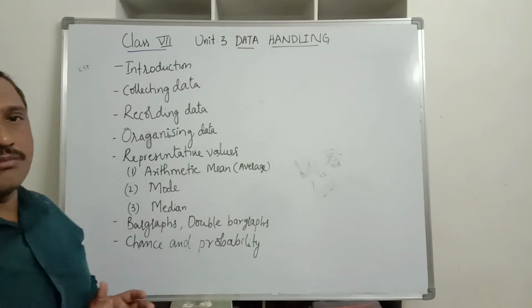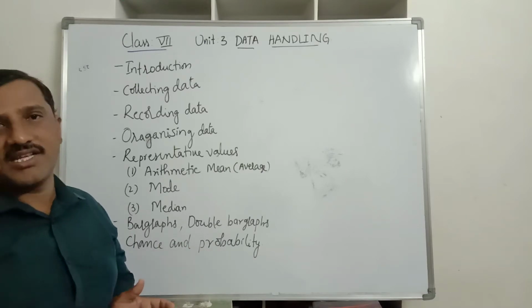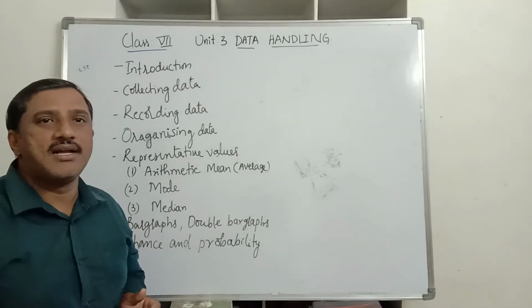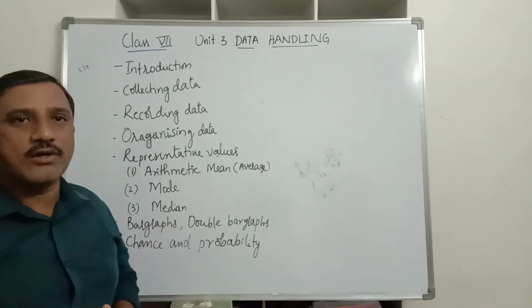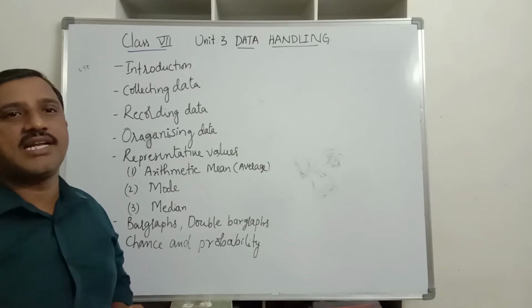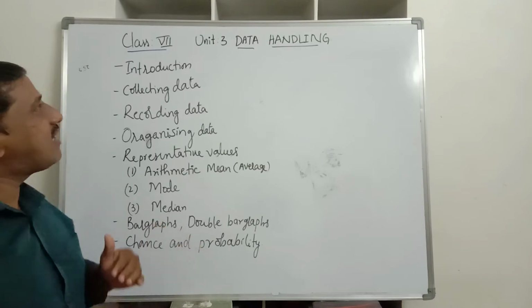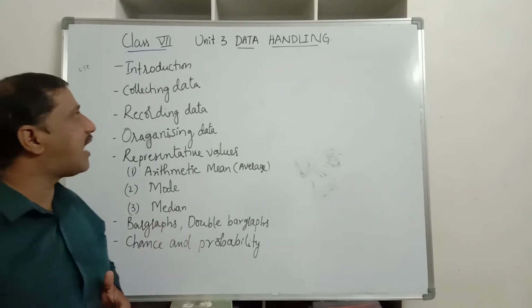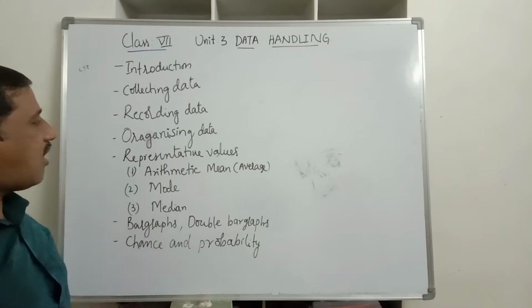And a pictorial representation, graphical representation of data we discussed in class 6. Pictorial representation is known as a pictograph we studied, and under graphical representation we studied a bar graph in class 6. Now in this class 7 we are going to study the main concept of this class 7.